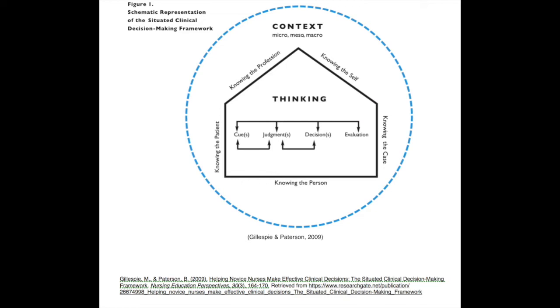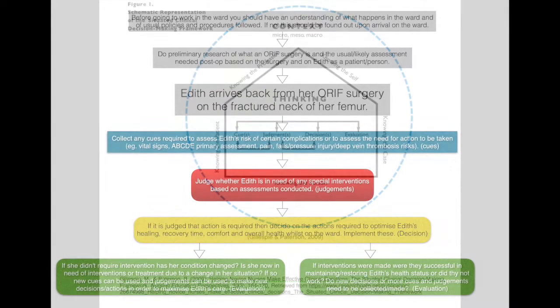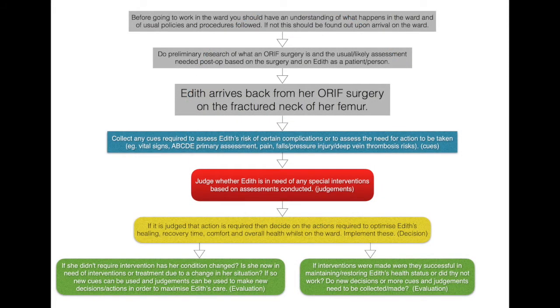There will be more specific concept maps later analyzing the cues needed to be collected, the judgments made, the decisions, the actions, and the evaluations of things more specific to Edith's case. This process map broadly outlines the steps needed to care for Edith in the most effective way possible.